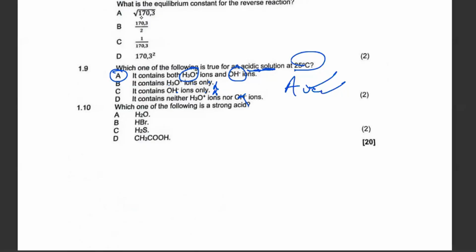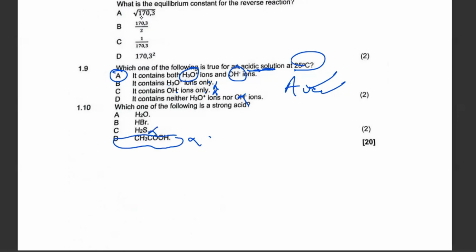Which one of the following is a strong acid, meaning that it can ionize completely when dissolved in water? So we know that all organic acids are weak. So this one is weak, so it's out. Group 7 acids, they tend to be strong.